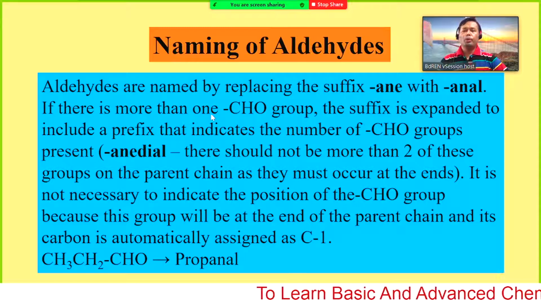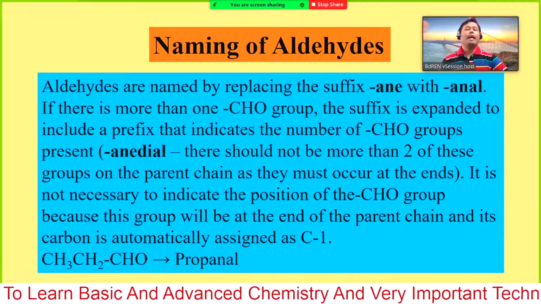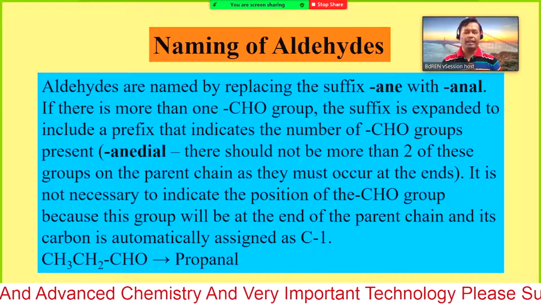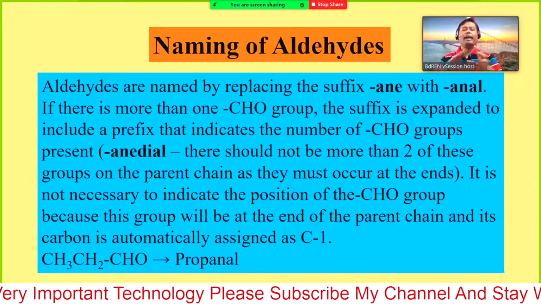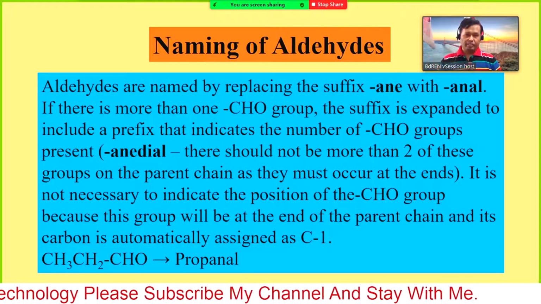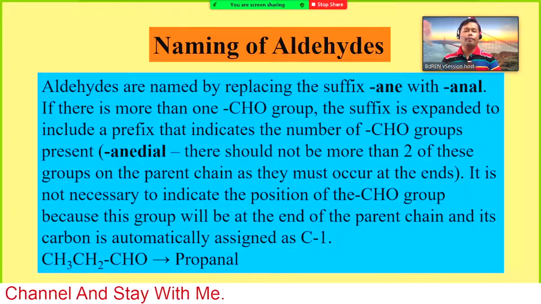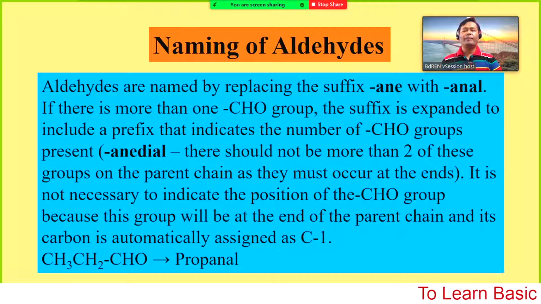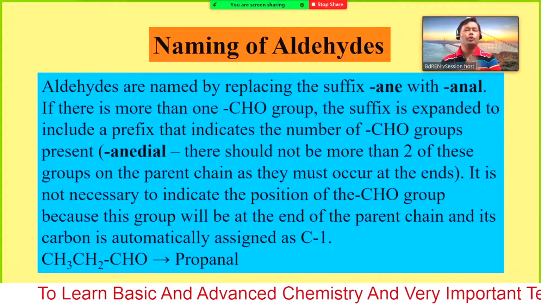If there is more than one CHO group, actually an aldehyde can have a maximum of two aldehyde groups, because CHO can only be at the end of the chain, either at the first or the last position. If there is more than one CHO group, the suffix is expanded to include a prefix that indicates the number of CHO groups.